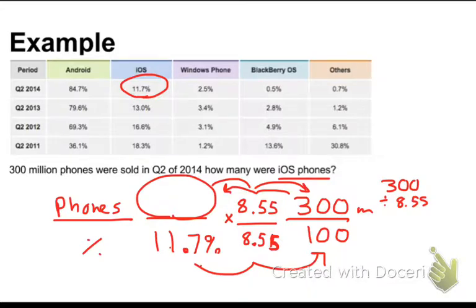And I end up getting 35.09. And since I know that this is in millions, that's my answer. 35.09 million phones were iPhones.